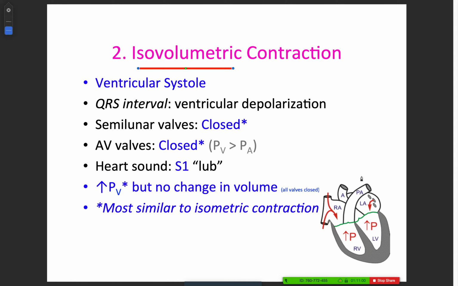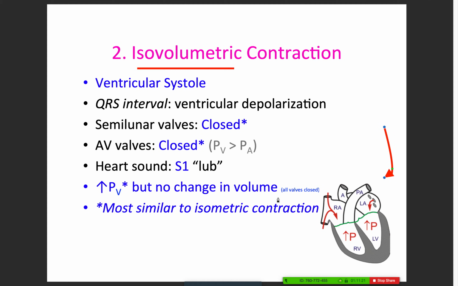So for all that time that the ventricle is contracting against two closed valves, if you look at this diagram, what you see is two valves that are closed. We have our mitral valve closed and we have our aortic valve closed. That is going to be your isovolumetric contraction. The volume within your ventricle is not changing, although you are contracting the ventricle.